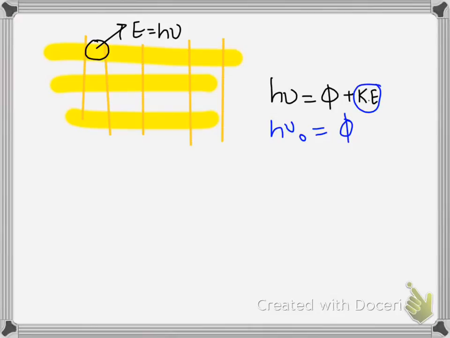Therefore the equation becomes h mu is equal to h mu naught plus half mass of electron times v square. So this is the Einstein equation, right?